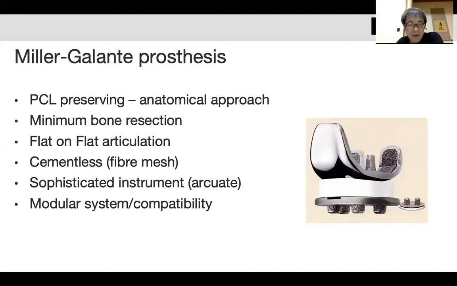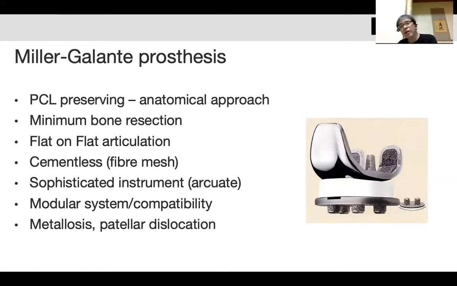Many parts are compatible. For example, this polyethylene can be used for several sizes on both the tibia and femur side. This is more important. But the disadvantage, the shortcoming, is that the patella is not good, because this patella is not all polyethylene.